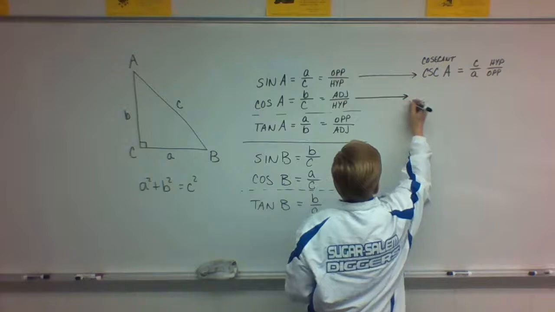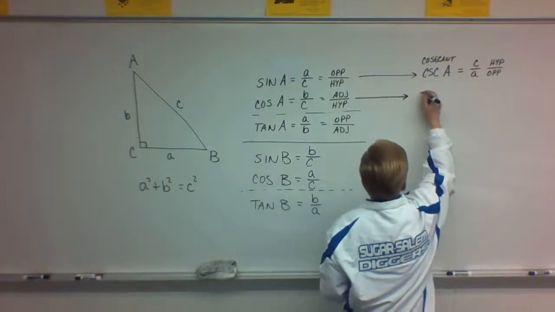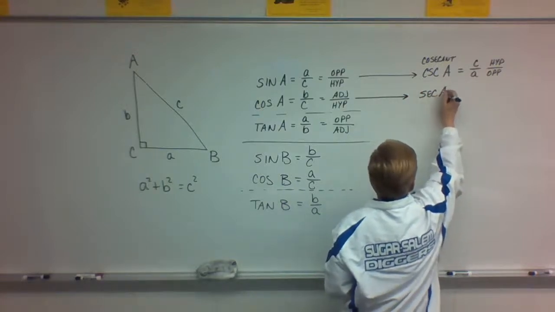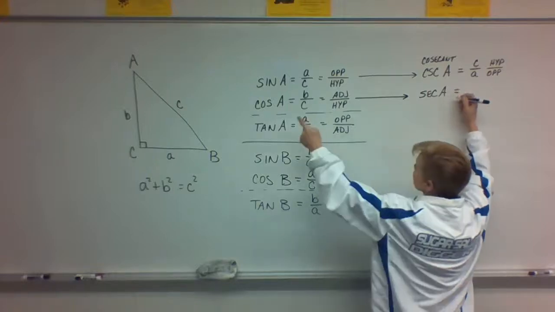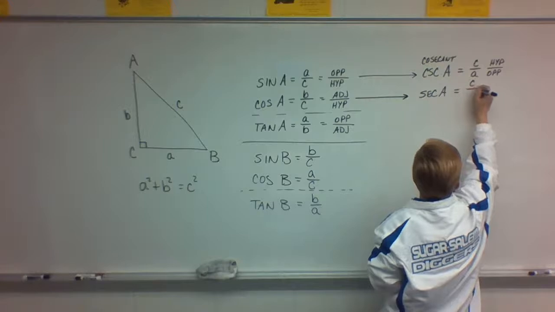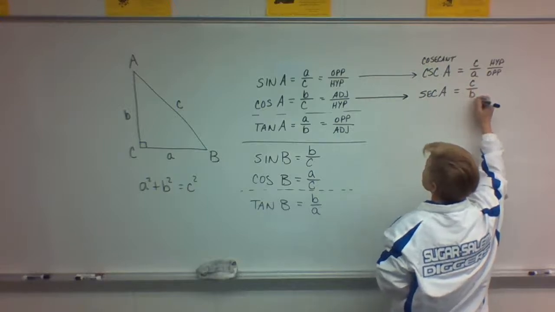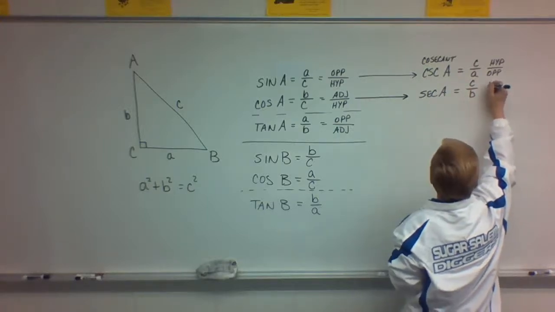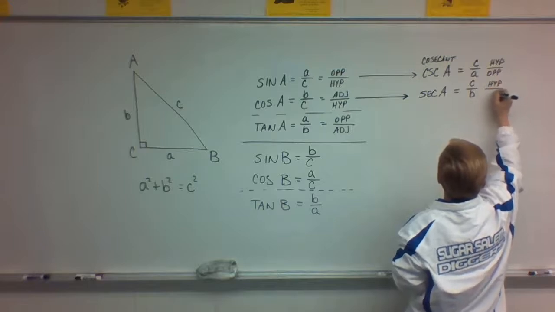Cosine is related to secant. If it's of the same angle that we used over here, which I'm doing here, I'm sticking with A, it's the reciprocal. It's C over B. In other words, hypotenuse over adjacent. You don't have to memorize this, like I said.